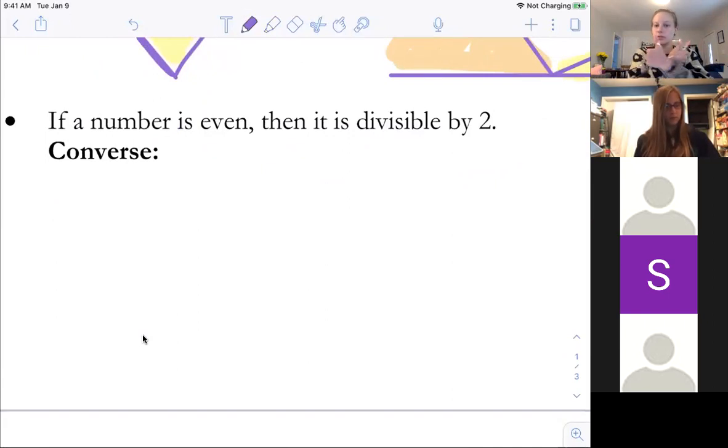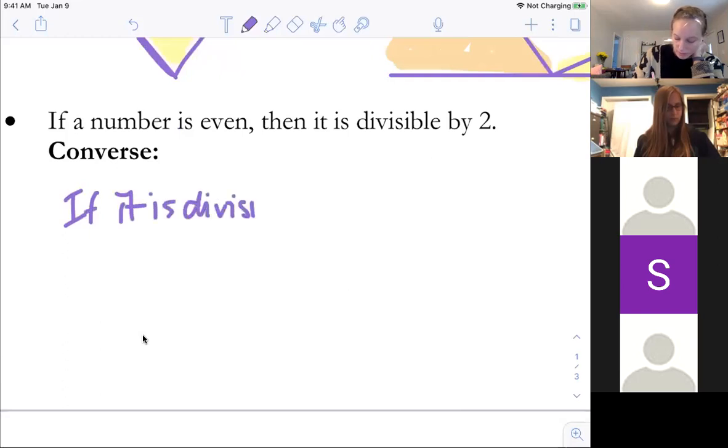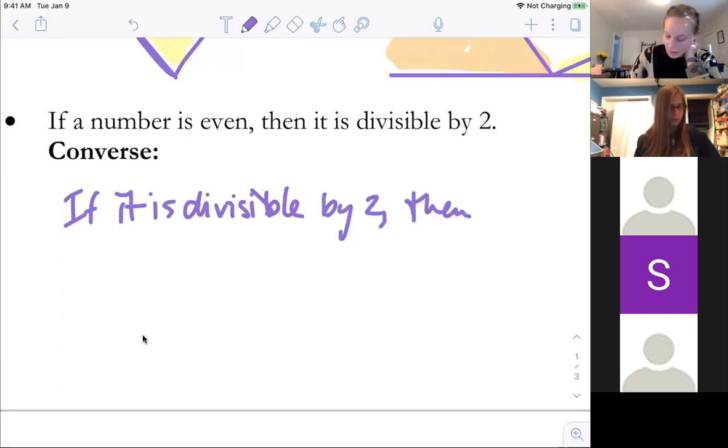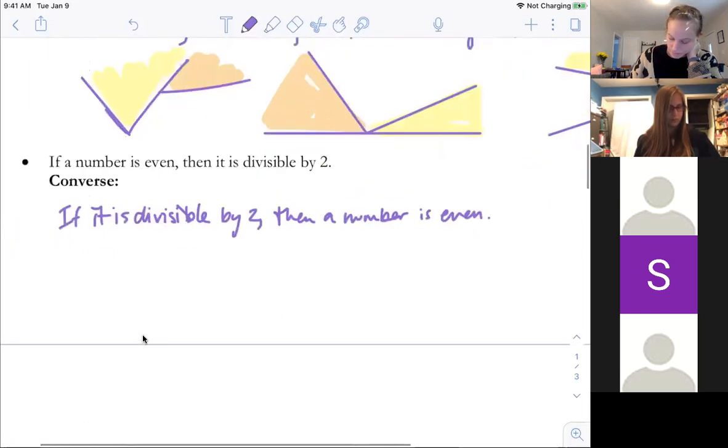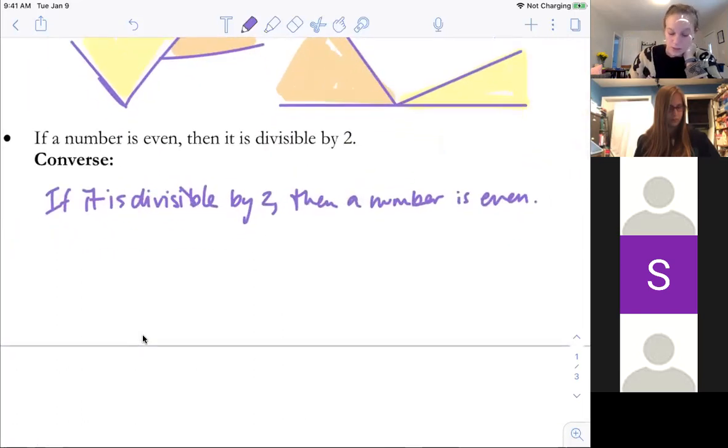Remember, converse is switched. So I'm going to say, if it is divisible by 2, then the number is even. And then do we think that's true or false?